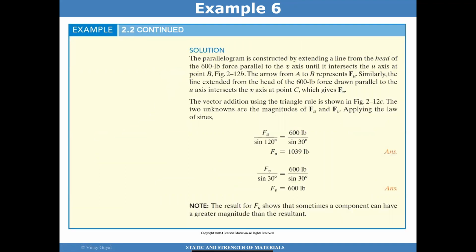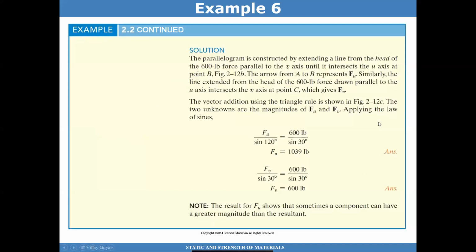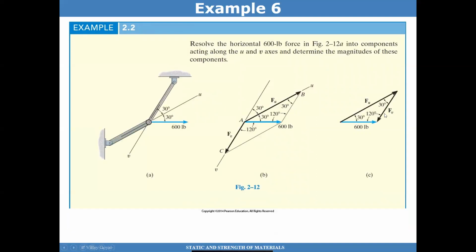Now the problem resolves into these 600 pounds, and you can quickly solve it using the law of sines. I know all these angles. I know this 600 pounds. This one is 600 pounds. So it's an easy calculation: one can be found to be 1,039 pounds, and the other can be found to be 600 pounds, because this is sine of 30 and this is sine of 30, and so that's an isosceles triangle.